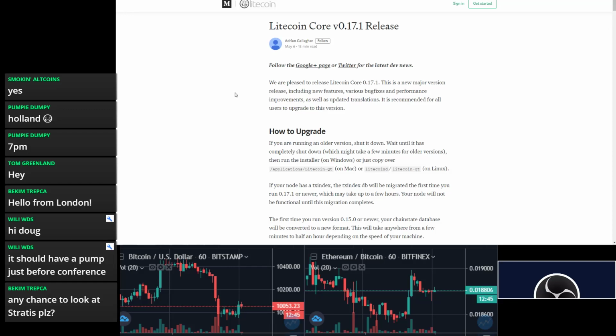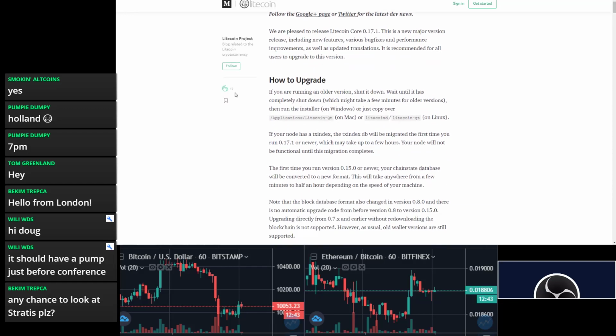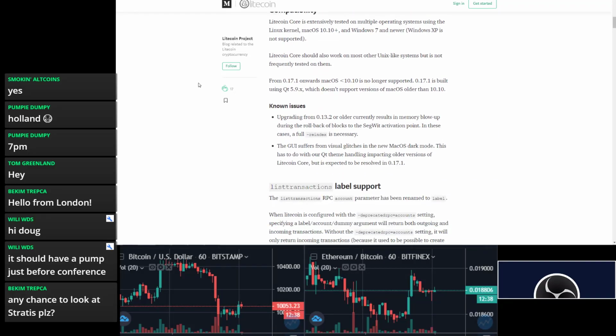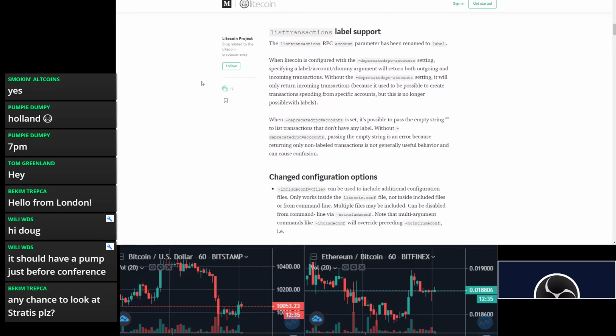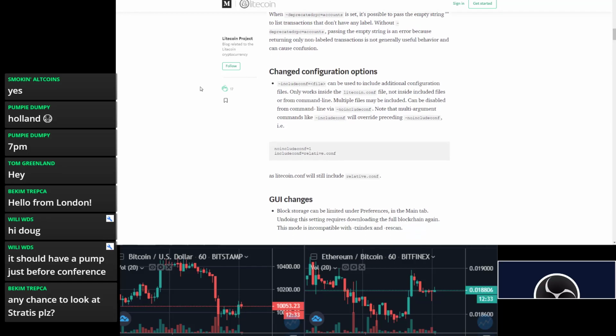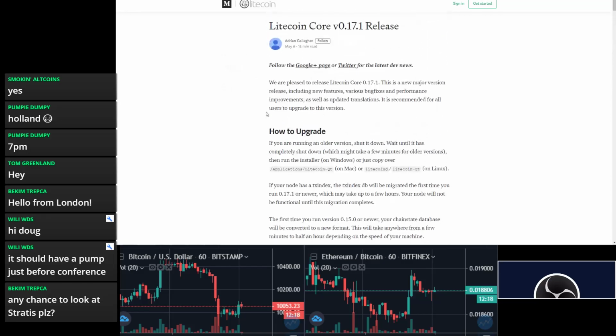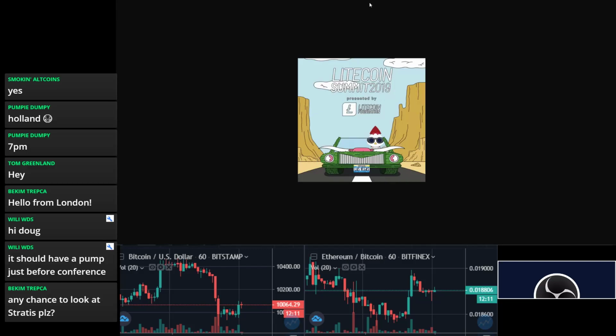How to upgrade. So this is for all of the Litecoin node operators. And when is this released? This is a major new thing. May 6th, so it's already in the works. That's not new news. That's not going to move the price.